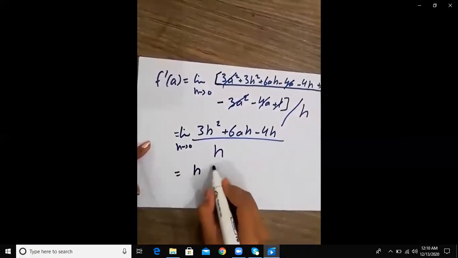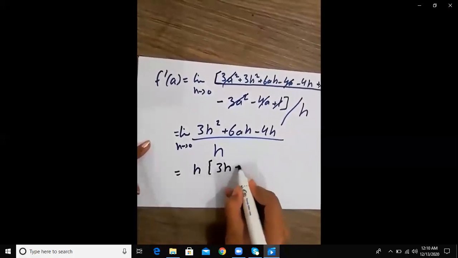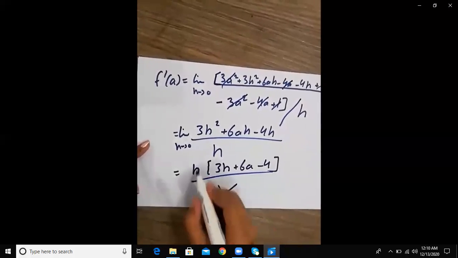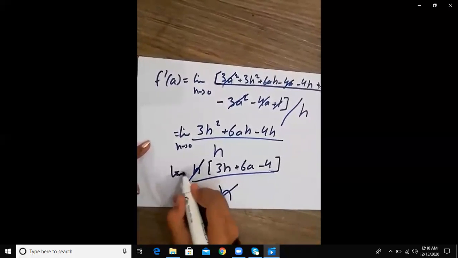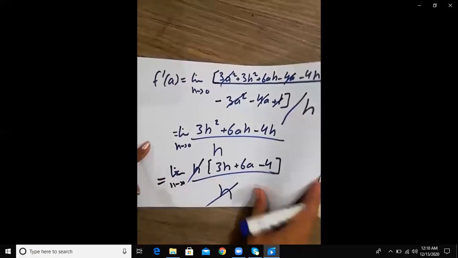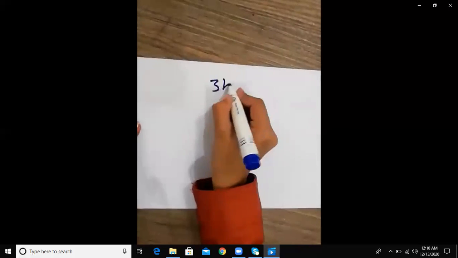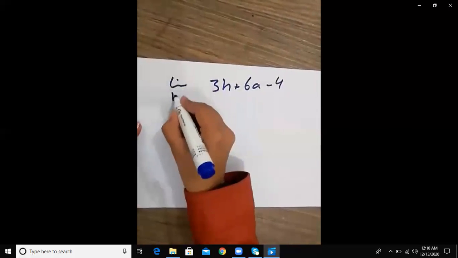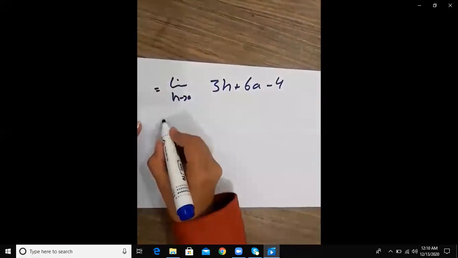Now we will take h common, and what we get is h times 3h plus 6a minus 4 over h. This h is cancelled with the h, where limit h approaches 0. Now what we get is 3h plus 6a minus 4. Now we will apply the limit easily.